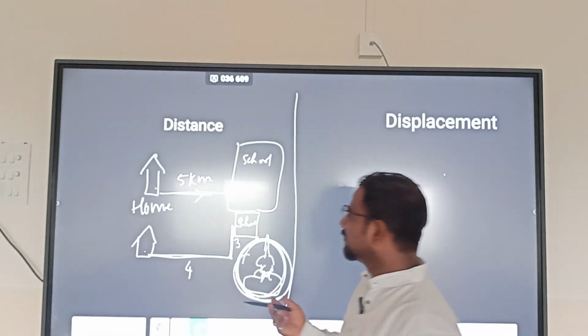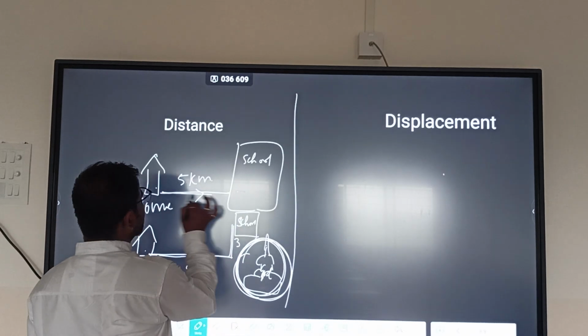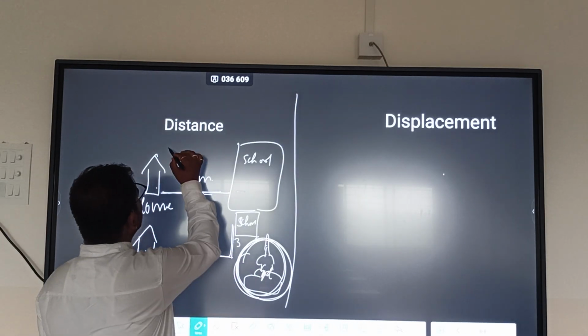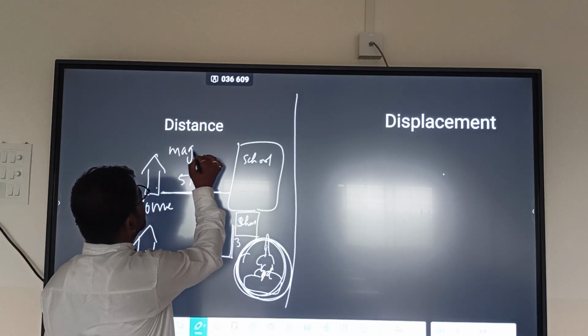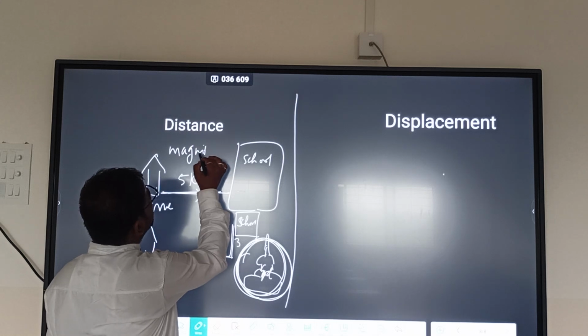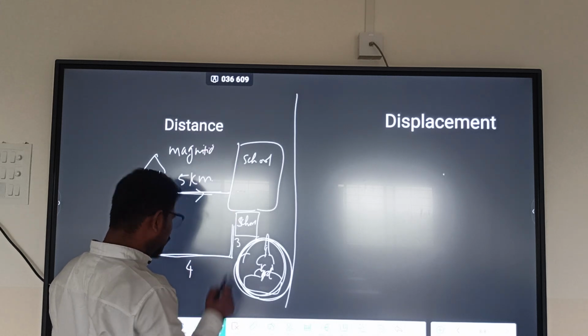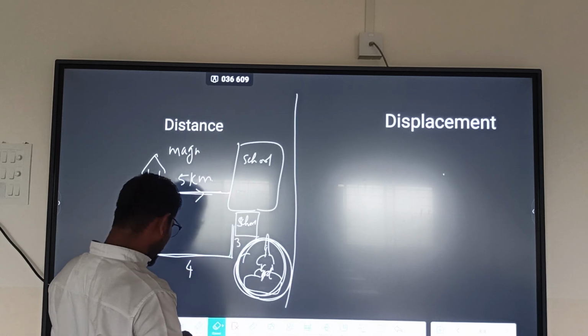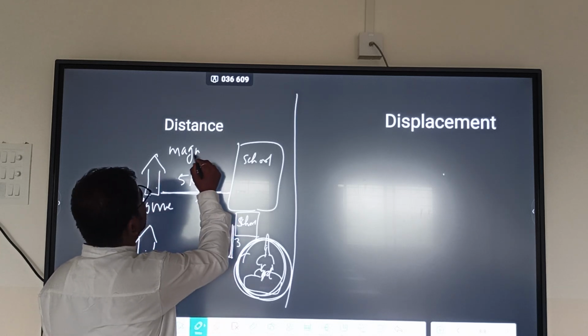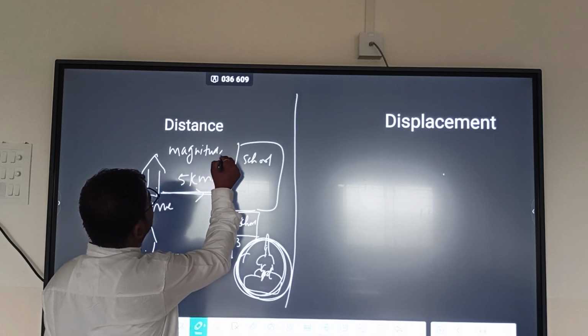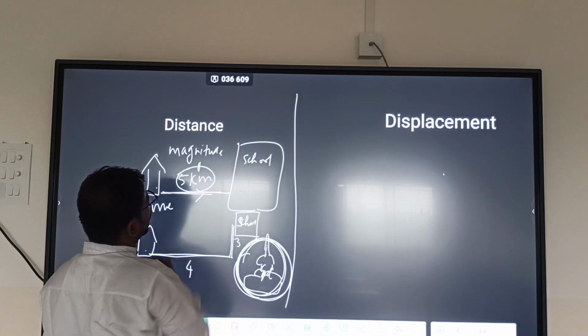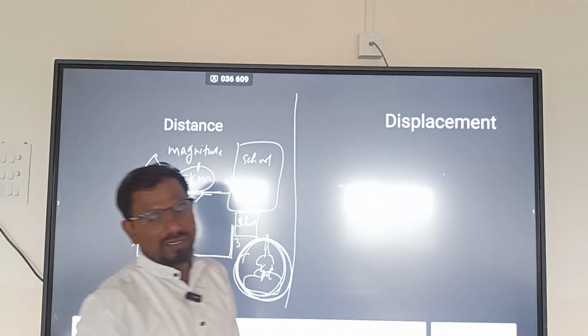First, the distance covered is 5 kilometers. What is 5 kilometers? Magnitude. Magnitude means it is having only a number, 5 kilometers.